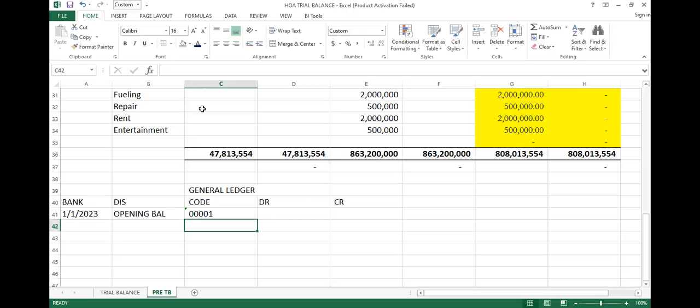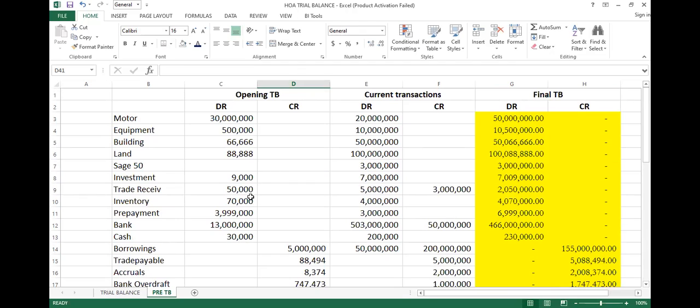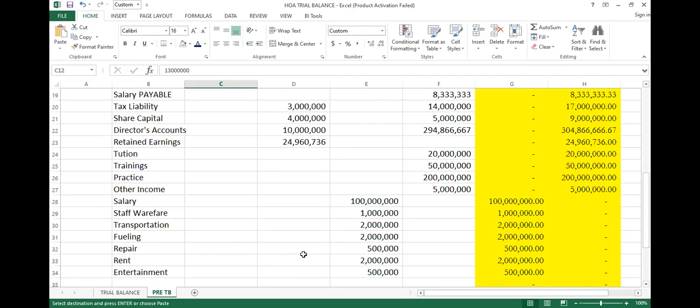Then debit, because bank is always debited. What is our opening balance for bank? 30 million. That 30 million naira will be here.